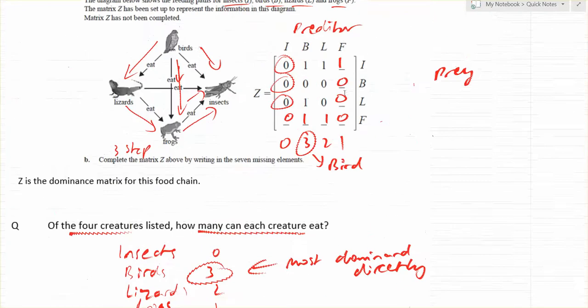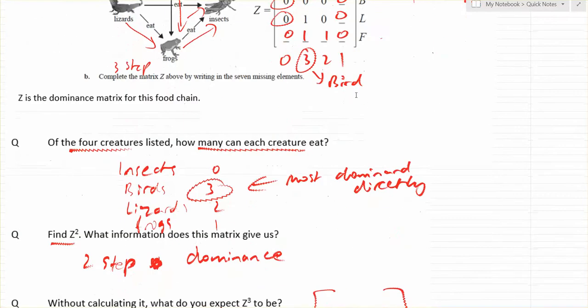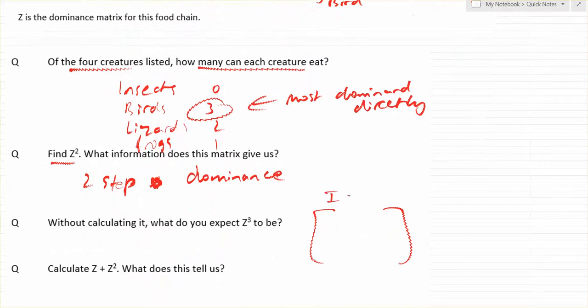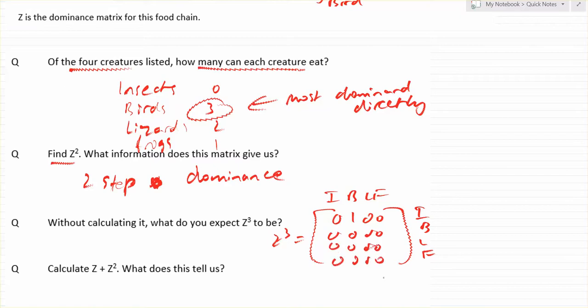Let's rewrite this, with the order I, B, L, F. For Z cubed, I'm expecting birds to be three-step dominant over insects, but the rest would be zeros because I can't get a three-step path for any of the other combinations.